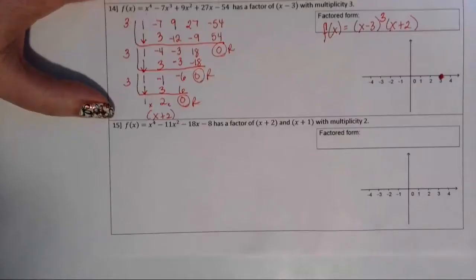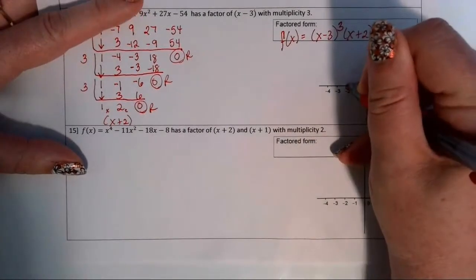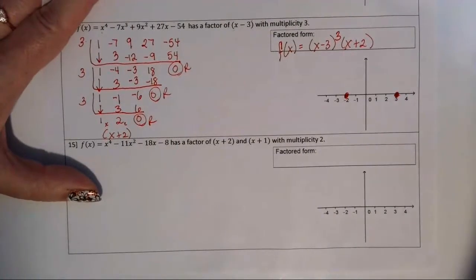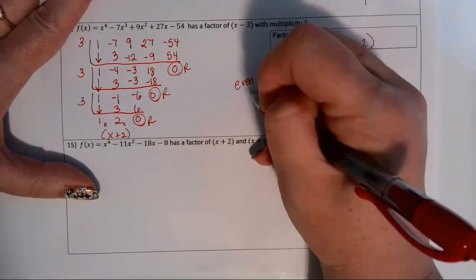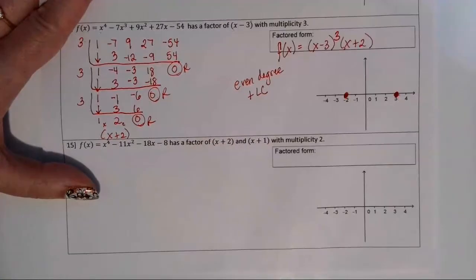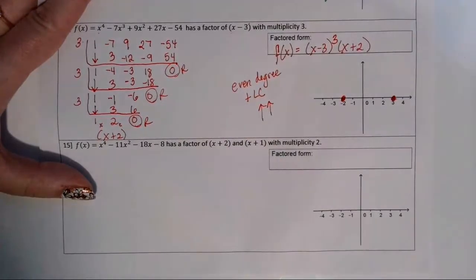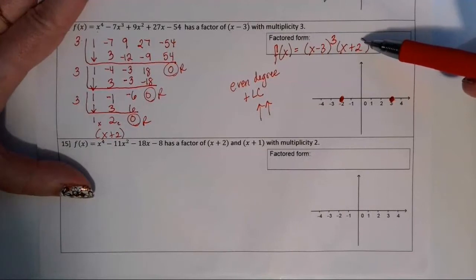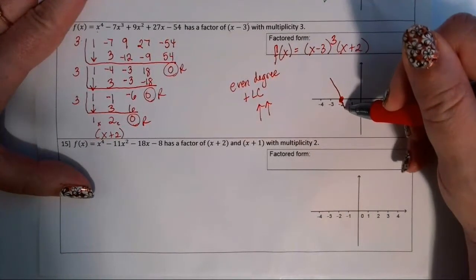The 0 associated with that factor of x plus 2 is negative 2. So we'll put that negative 2 on the graph. And we have an even degree polynomial with a positive leading coefficient. The leading coefficient test then tells me that both ends point up. We've got a cross at negative 2. So starting up, I need to decrease through negative 2.